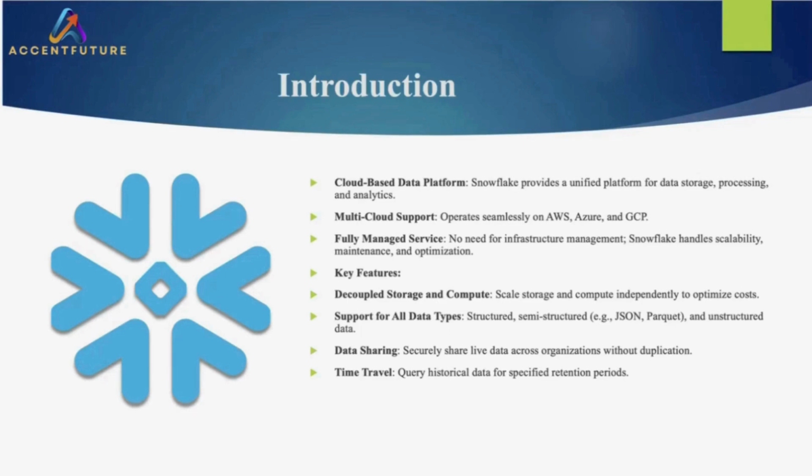So what are the key features? The key features are that there are two different processes, storage and compute, and both are different. It's a decoupled one. You can scale your storage or compute independently to optimize the cost, depending on your requirement. For example, I got too much data, in terms of TBs.